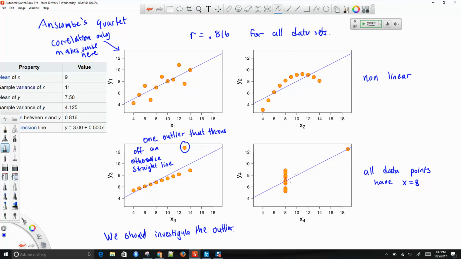All of our data has x equal to 8, and we get some kind of range here. And then we have just one person who has a different x value, and we're creating an entire trend line based on that one observation, okay? We have one observation with a different x. And that value is used to create the trend line.